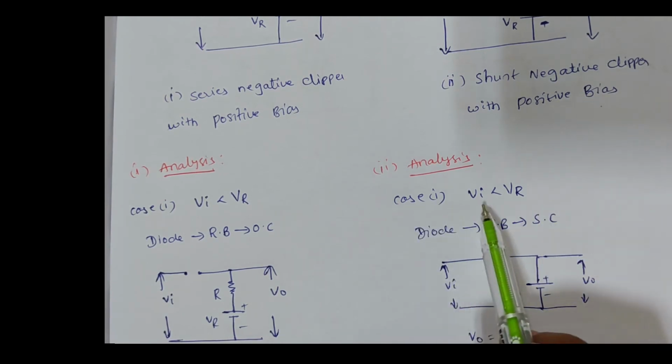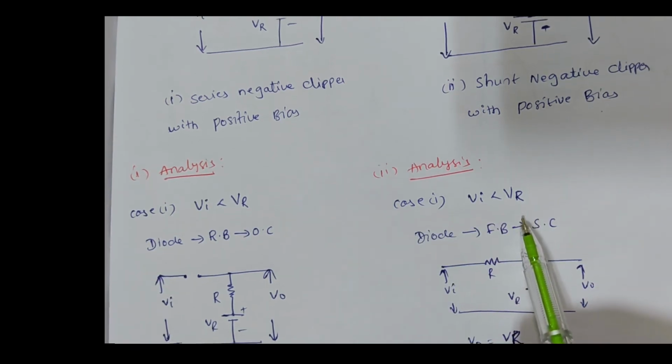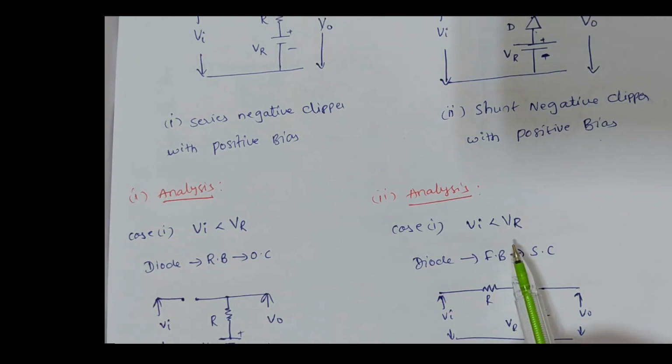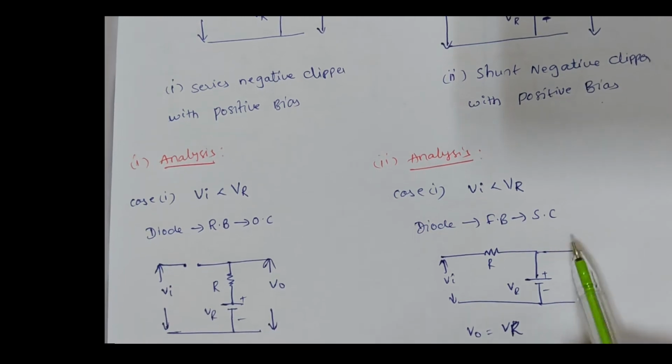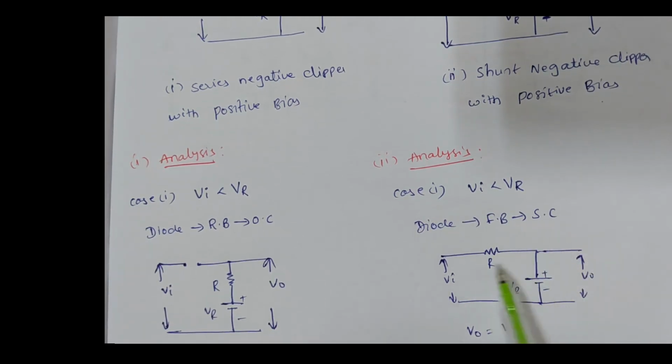In the first case, when Vi is less than VR, that means cathode potential is small compared to the anode potential. Then the diode is in forward bias, so it is acting as a short circuit. Then we can draw the equivalent circuit like this. From this, we can write the output voltage V naught equals to VR.